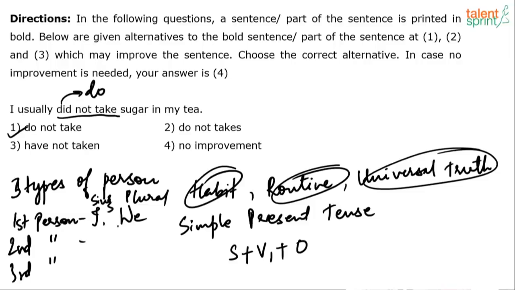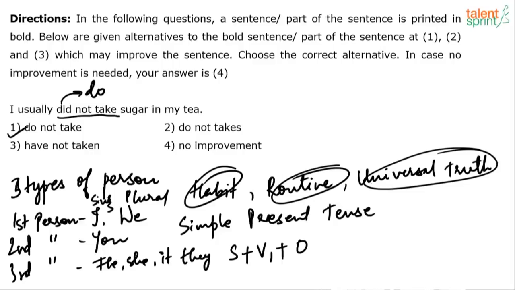Second person is the person who I am talking to. So you is the second person, and third person is the person who I'm talking about. So it becomes he, she, it, or they. These are the pronouns.